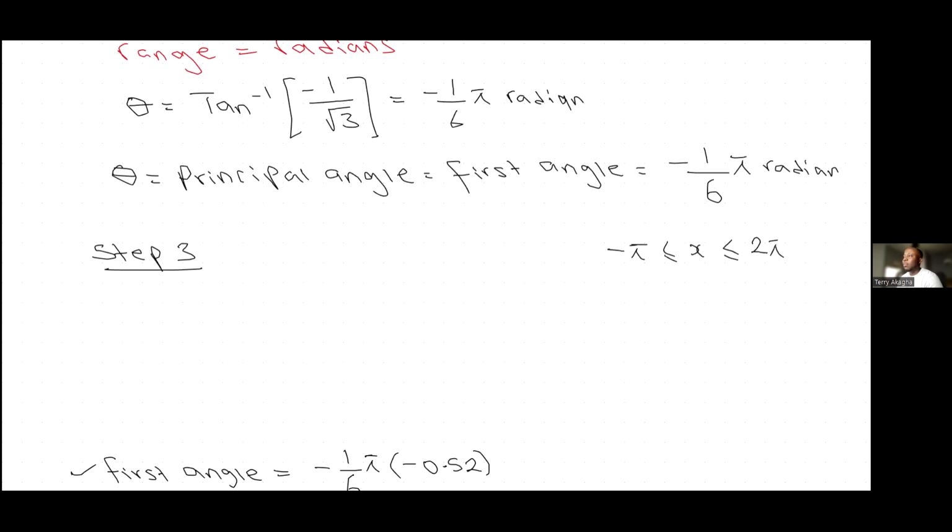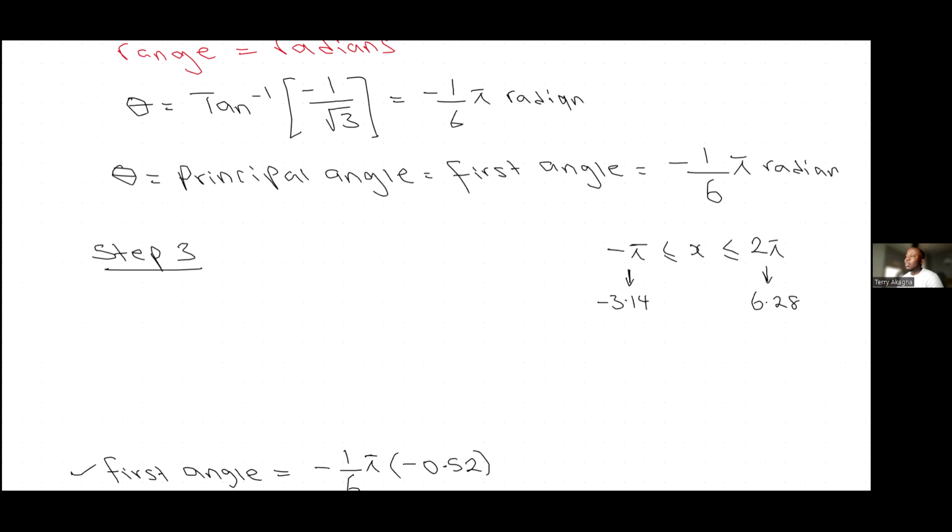Pi is the same thing as 3.142, so minus pi is minus 3.142, and 2 pi is around 6.28. So the number should be greater than minus 3.142 but less than 6.28.